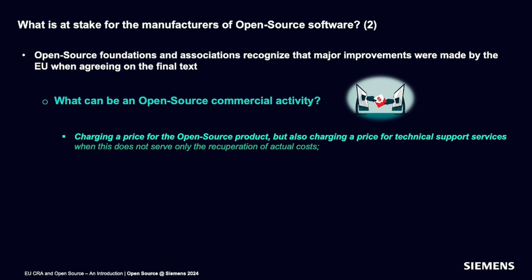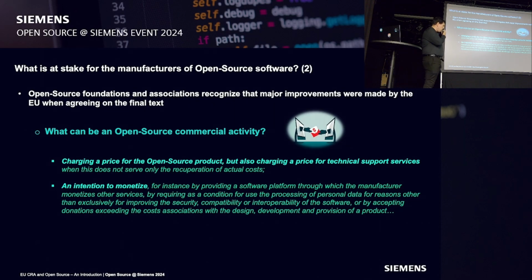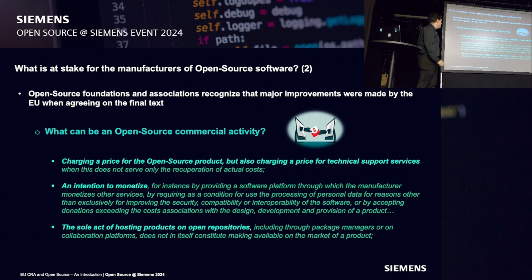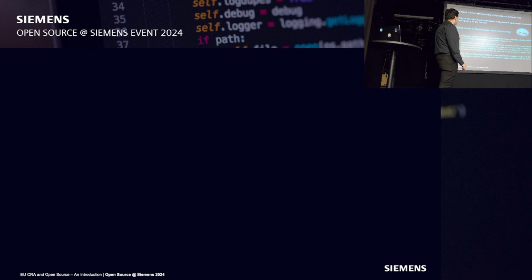Then it's a commercial activity. Or if you have another intention to monetize. For example, if you provide access to the platform for free, but with the access comes mandatory use of other services hosted in the platform and commercialized by the manufacturer. But in general, the fact that you are hosting something on a repository doesn't necessarily mean that it is related to commercial activity.